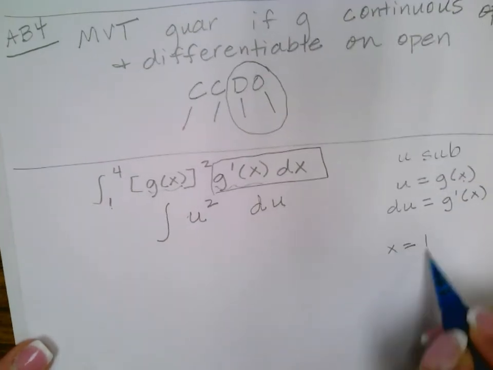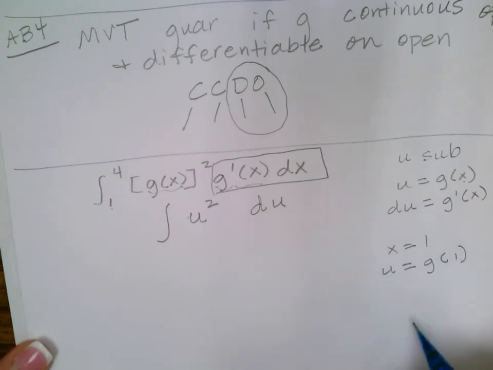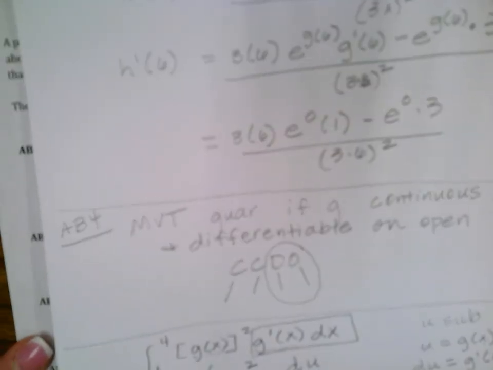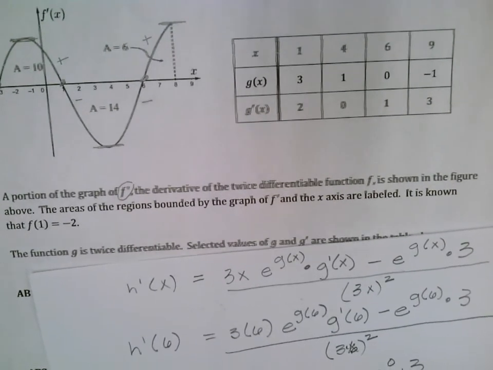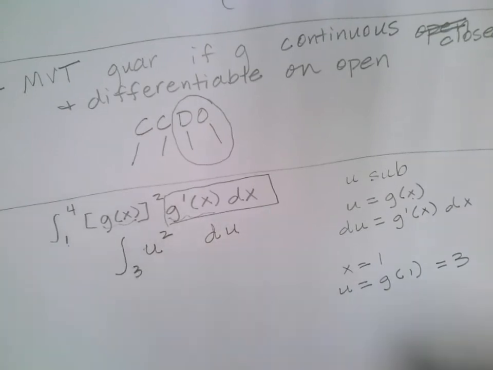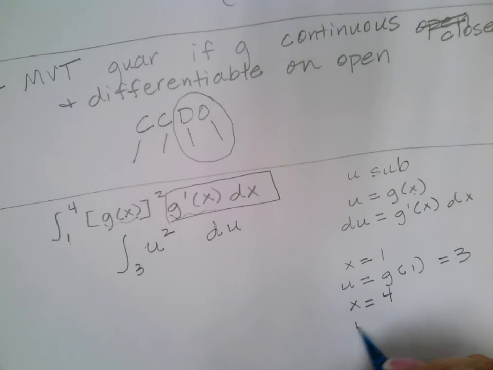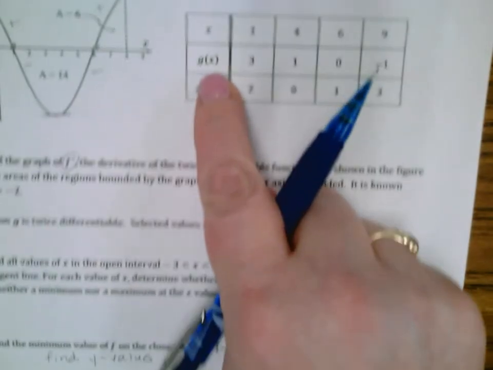So for x equals 1, u equals g of 1. And from the table, g of 1 is 3. So this would be from 3. And then for x equals 4, u equals g of 4. Let's see, g of 4 is 1.